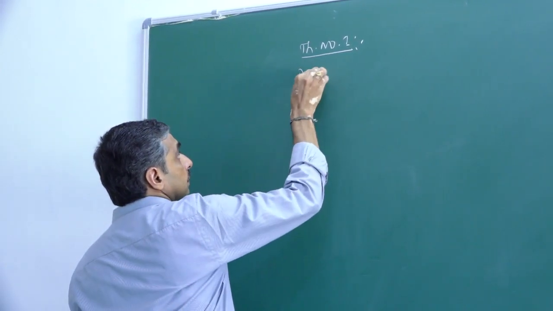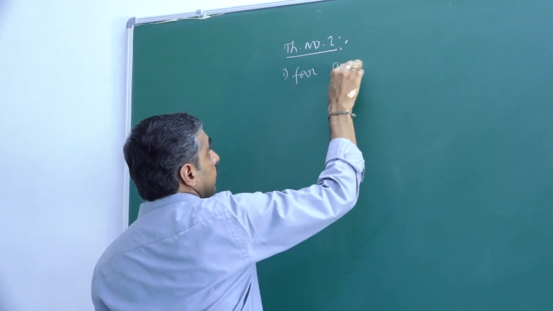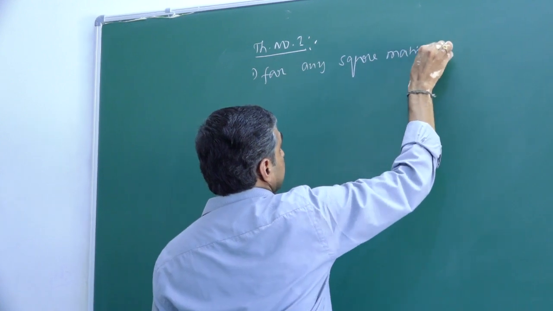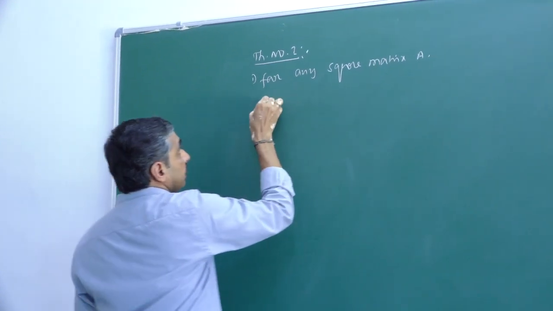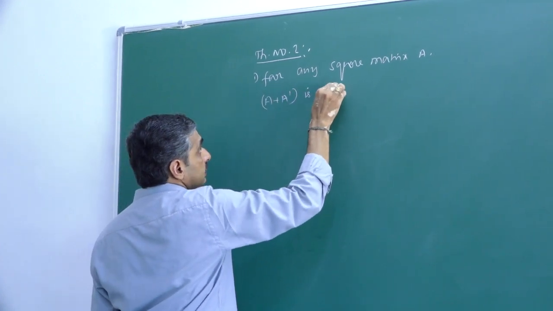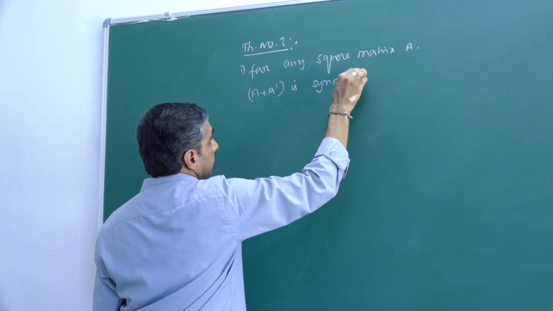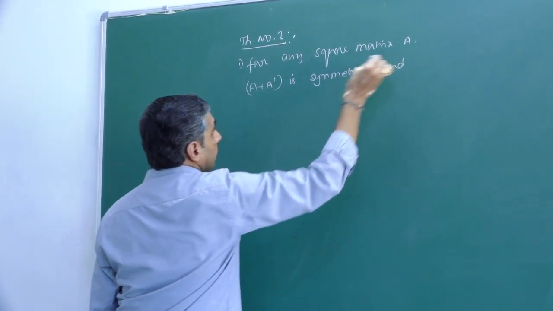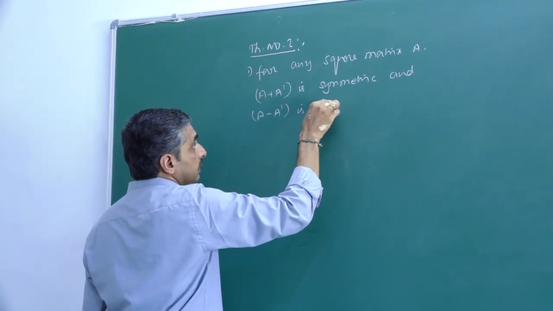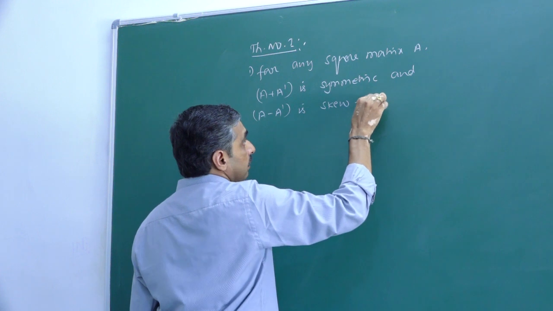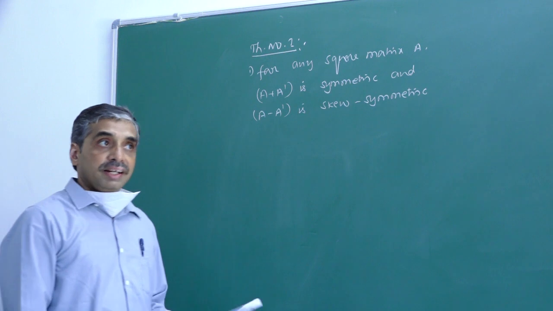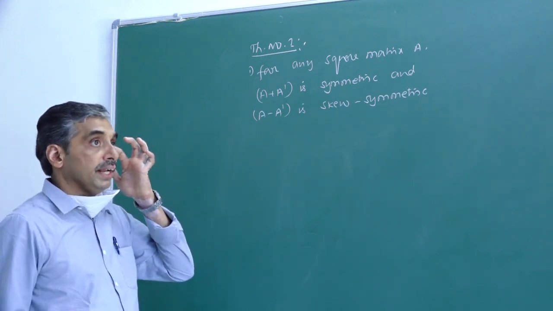For any square matrix A, A plus A dash is always symmetric, and A minus A dash is always what matrix? Skew symmetric matrix. Any square matrix you can take.